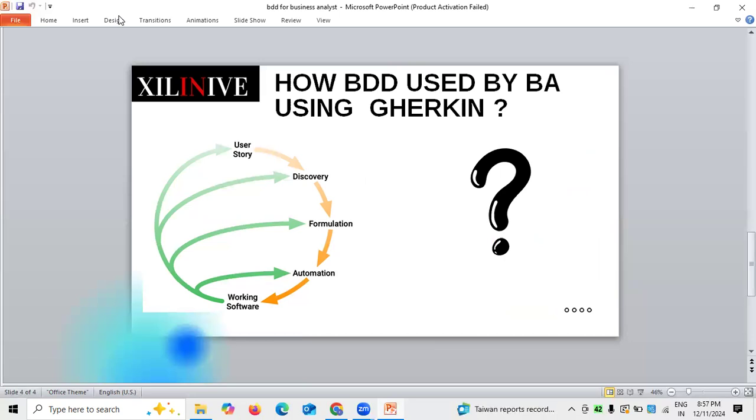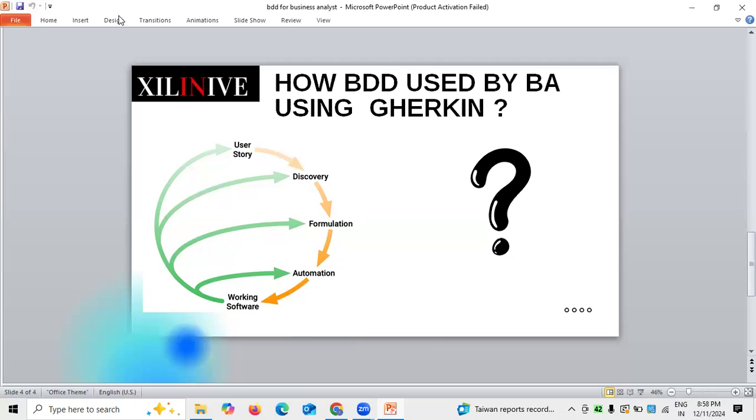Now, how is BDD used with the Gherkin model? When you are trying to write user stories, there are different formats we use, and based on the formats, the acceptance criteria are written. Being a BA, now and then we are using two different formats. One is the generalized user story format, which is known to everyone and which we generally write.